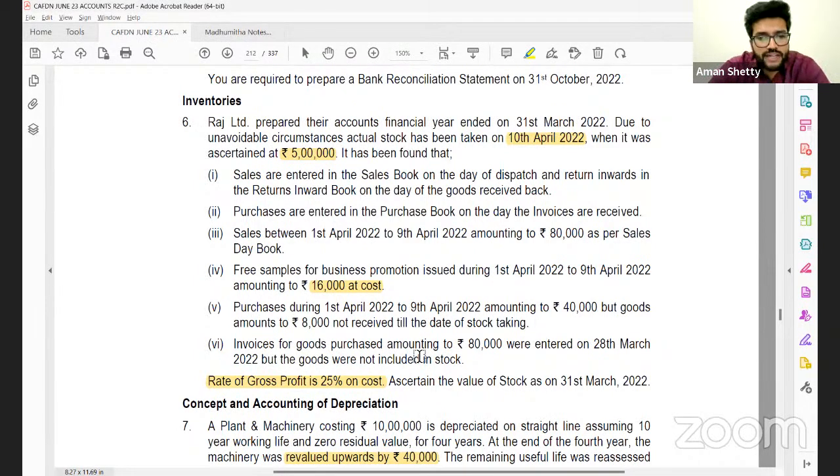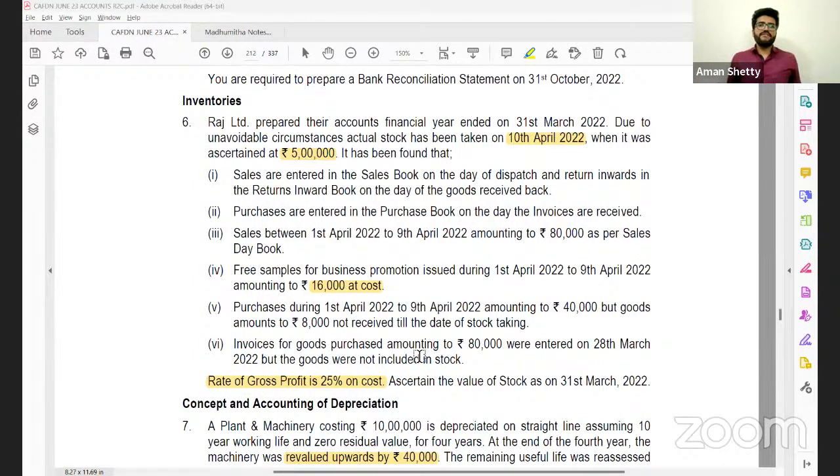Clear? So therefore, as a separate line item, now write down: add purchases made during March 22, but not included in the stock. Below that, write down add purchases made during March 2022, but not included in stock, 80,000.